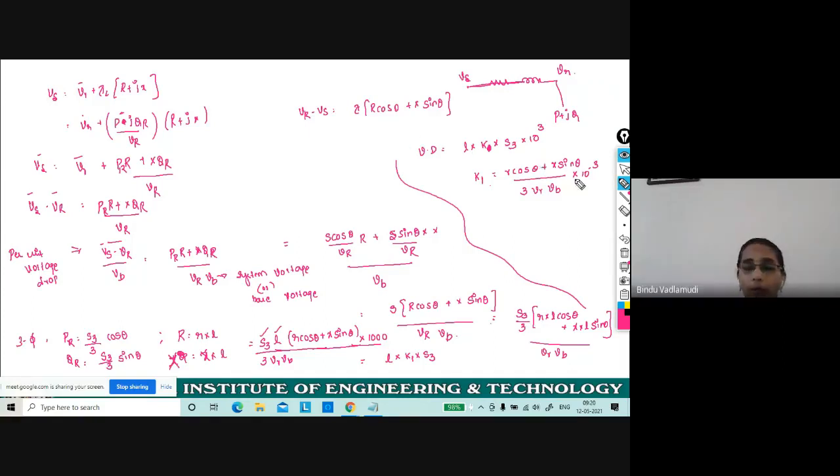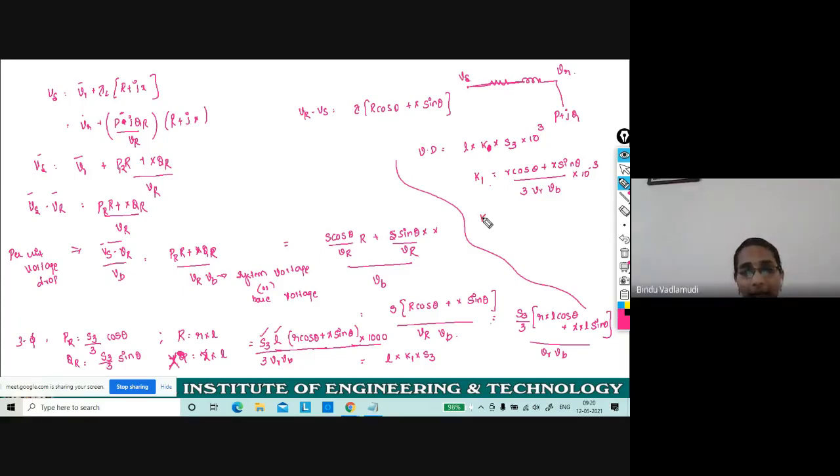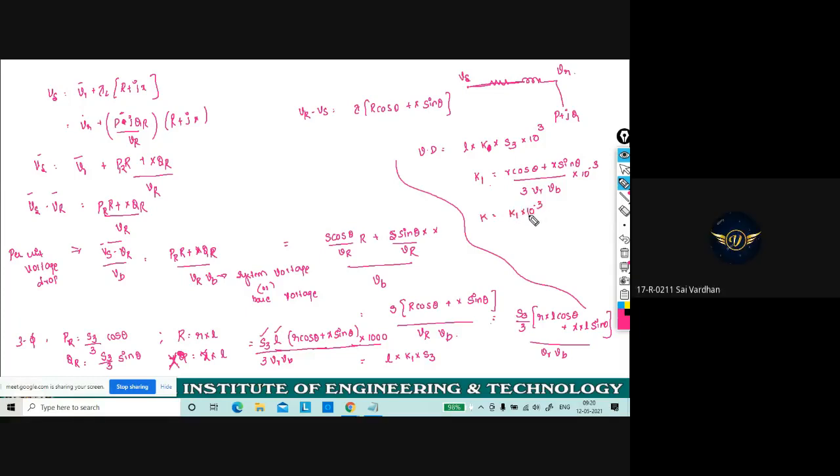How am I eliminating this 10 cube? In the factor, I am multiplying with a value of 10 power minus 3. So can I write K is equal to K1 into 10 to the power of minus 3? Yes, ma'am.